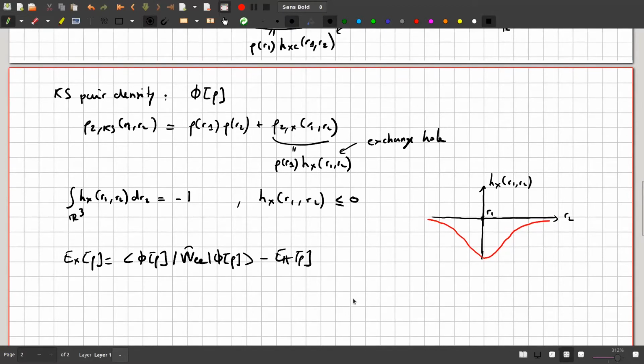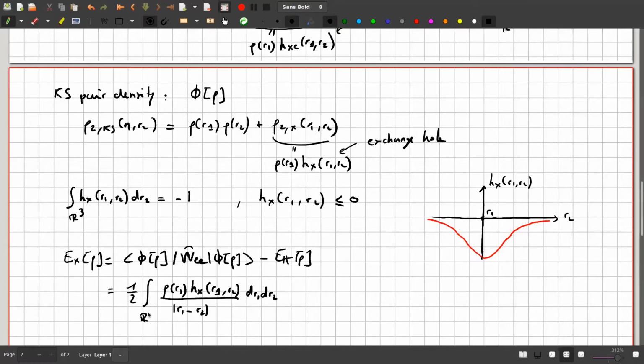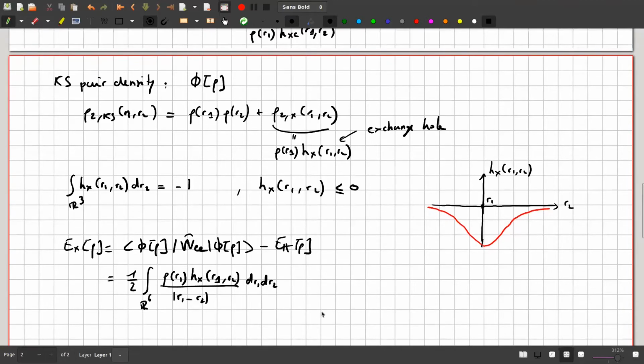And so if you plug the definition of the pair density in this expression, you can find quite easily that the exchange functional can be written as 1/2 integral over rho of R1 times the exchange hole at R1, R2, and you integrate with the Coulomb interaction over R1 and R2. Okay, integrate in R1 and R2.